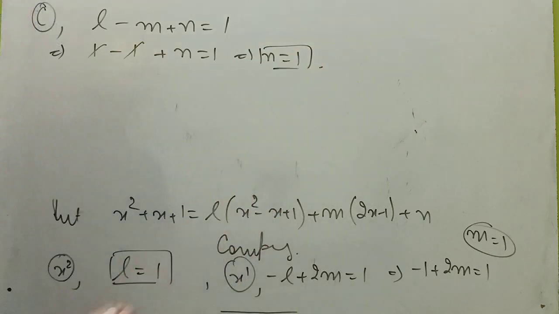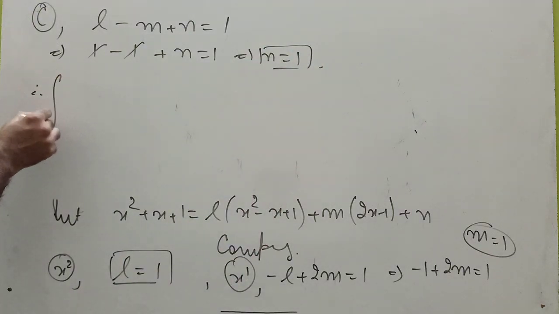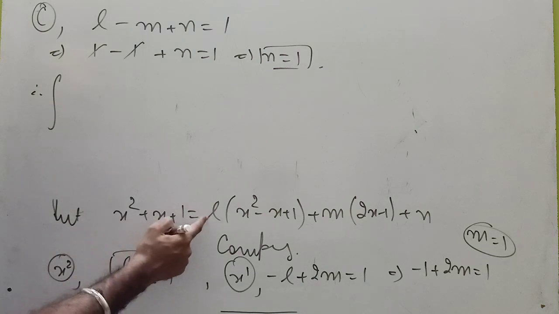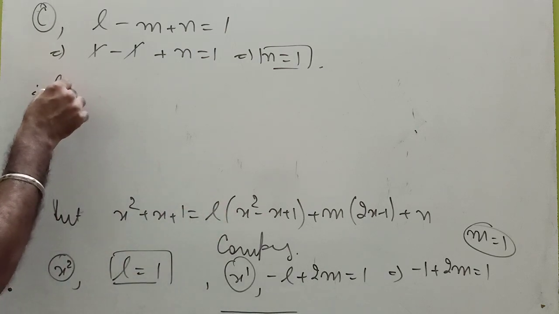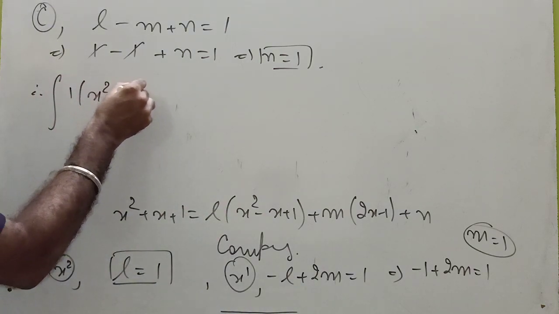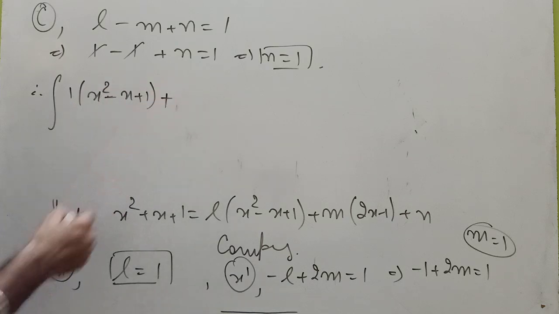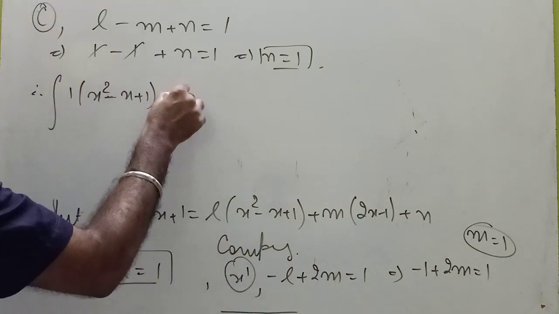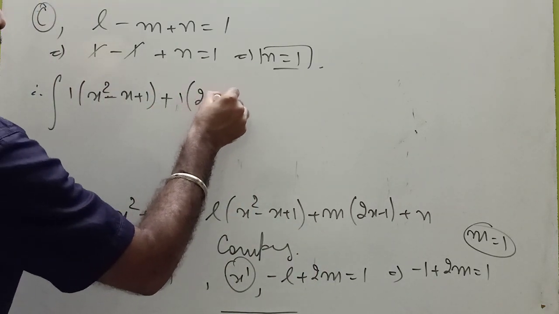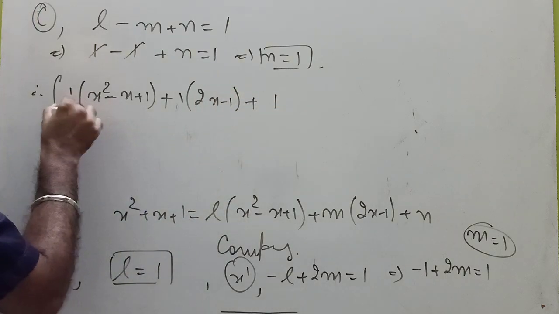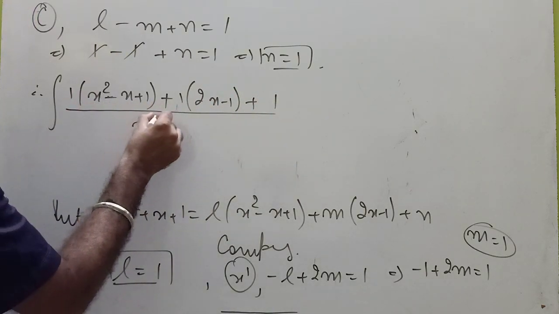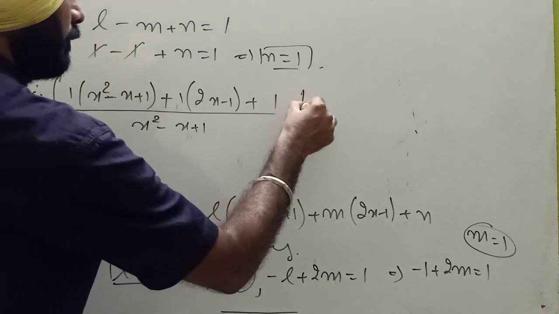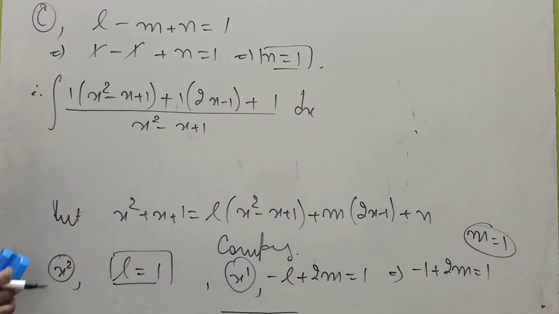So all the values are 1. Therefore the integral becomes, in the numerator we put L as 1: 1 times x square minus x plus 1, plus m is also 1, 1 into 2x minus 1, plus n, n is also 1, over denominator x square minus x plus 1. So now this is our integral.